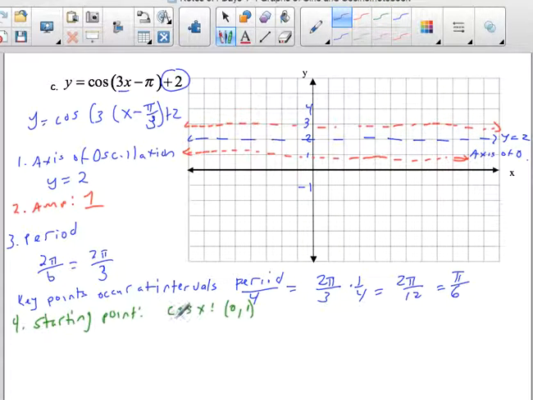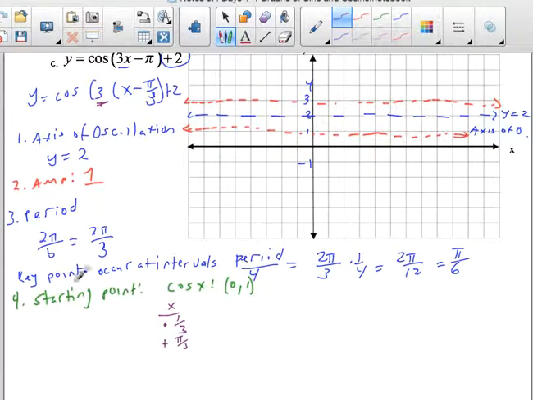So the transformations that are occurring to x in this graph is, first we're going to have to multiply x by 1/3 because of this 3, and then it's going to be shifted right pi over 3, so we're going to add pi over 3.